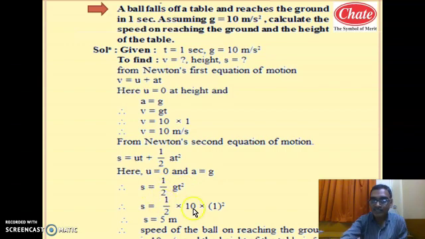Half into g value 10 into the time taken by the ball to reach the ground, 1 second, so 1 square. Simplifying this, 10 by 2 is 5, hence the displacement of the ball is 5 meter, and whatever the displacement of the ball, that is equal to the height of the table.